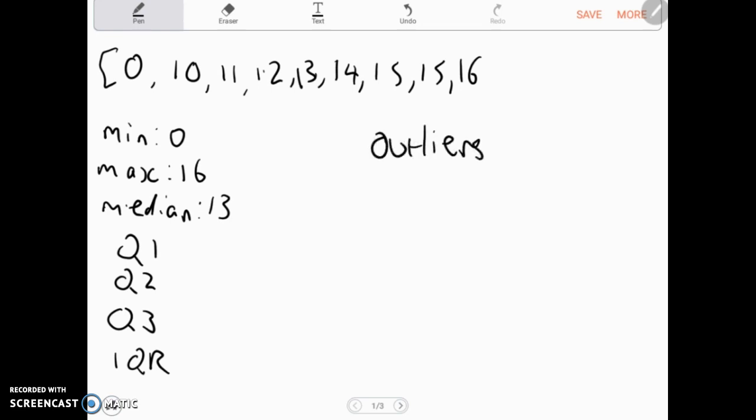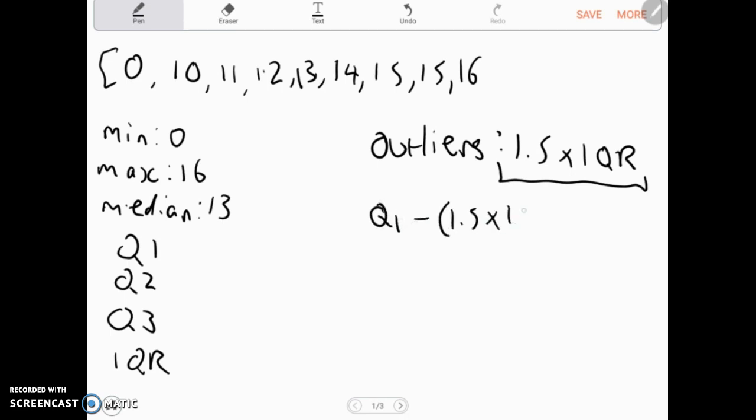And to calculate an outlier, all you need to do is go 1.5 times the IQR. You get this: Q1 minus 1.5 times IQR. You don't really need the brackets here because the multiplication will always come first from BODMAS, but I'm just putting them there to highlight it for you.